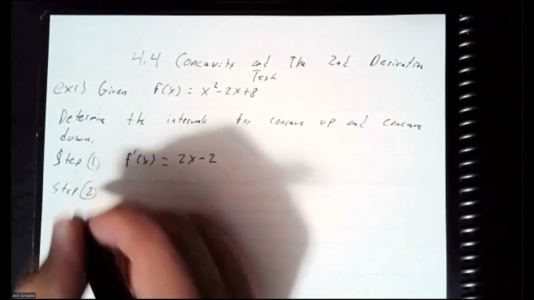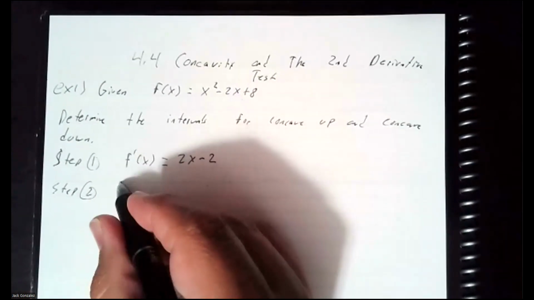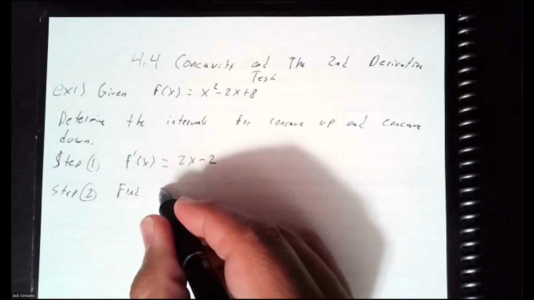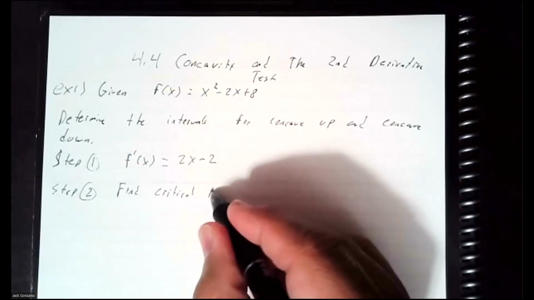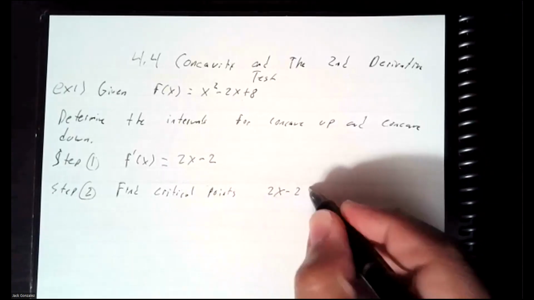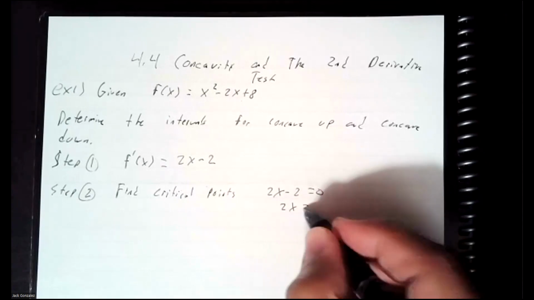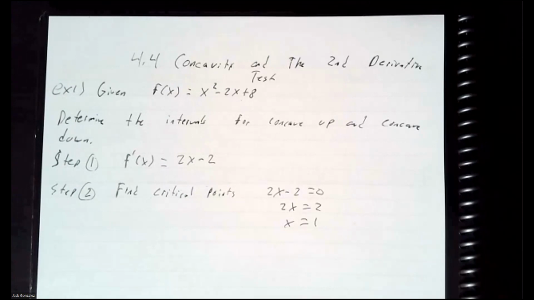Step two, find critical points, just in case. They're not asking for it, but just for the practice. Set this guy to 0. x is equal to 1.